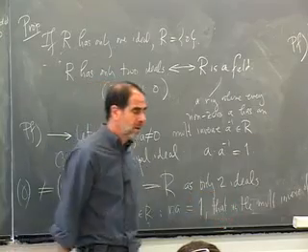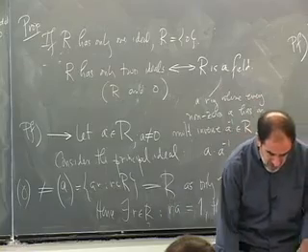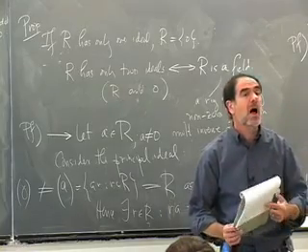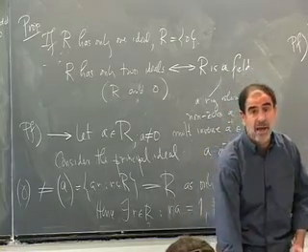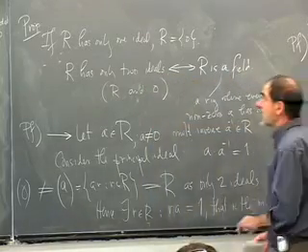Okay? So fields are distinguished among the commutative rings by having a very small supply of ideals.